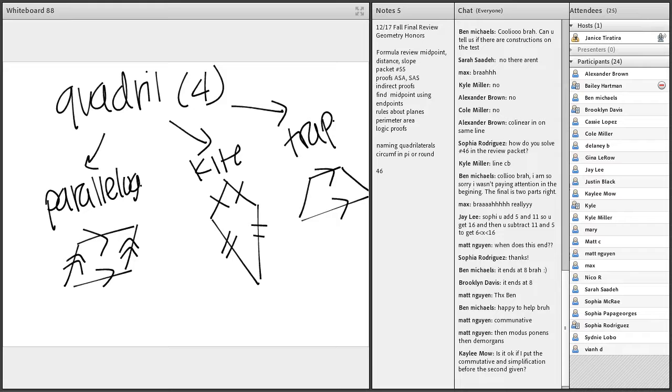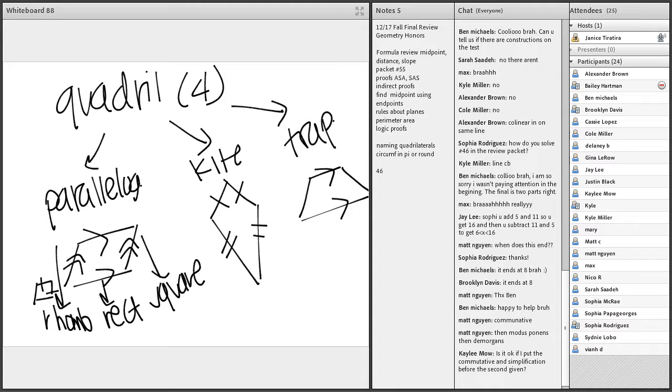So within even parallelogram, you could branch off and you could call them more shapes. So you have your good old rhombus, you have your rectangle, and the most special square. The rhombus, all sides have to be equal, right? But not all angles. Rectangle, all angles gotta be 90.